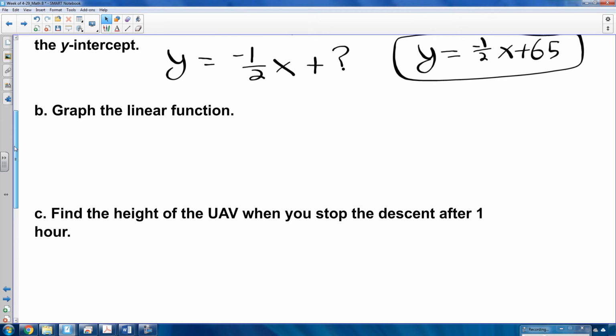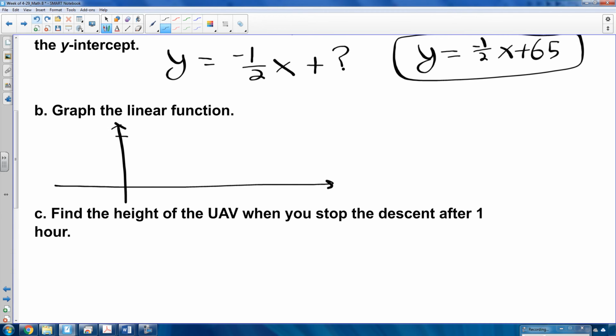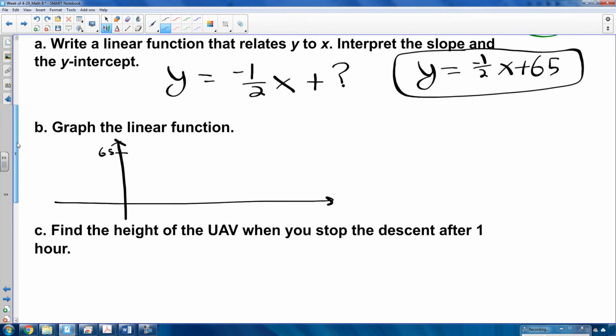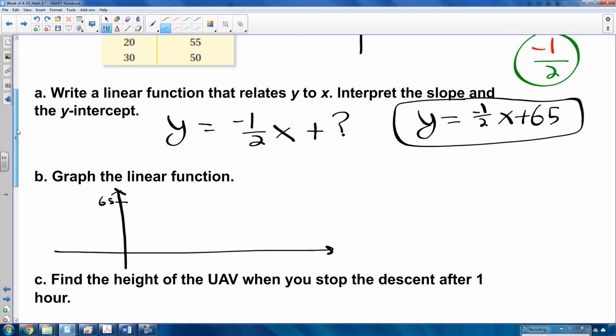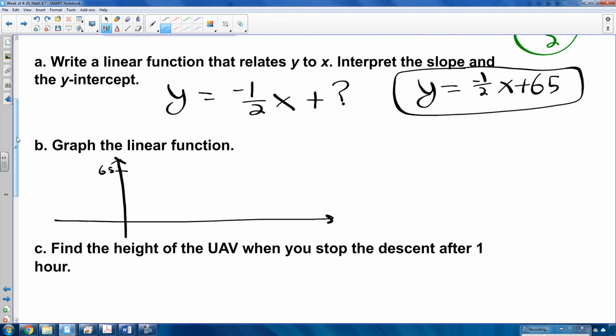So if this is 65 here, and we're going down 1/2, it's going to take us a long time to get to the ground. So why don't we go by 5s on the y-axis? So 65, 60, 55, 50, 45, 40, 35, 30.